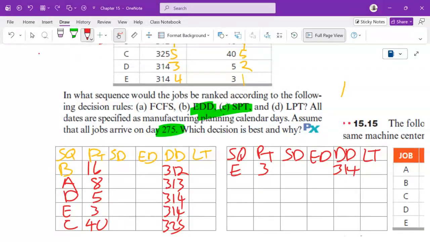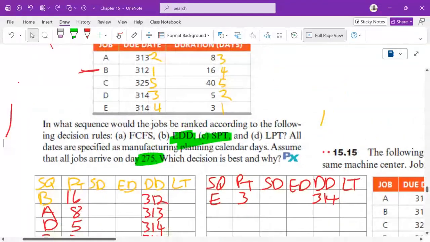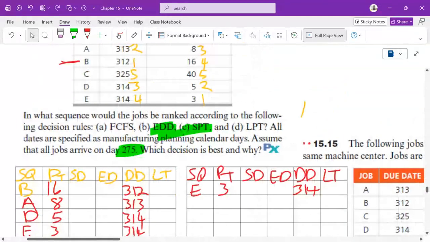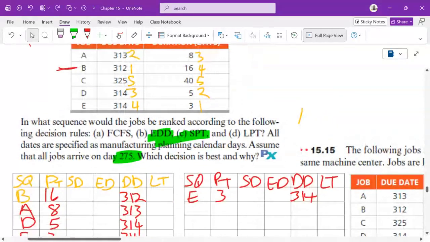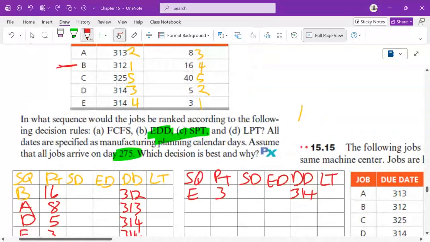Now we come to this side, where you are targeting the shortest process time, which in this case is this one, E. Let's erase this, it's going to confuse us. Then the second one is D, with 5 and 314.